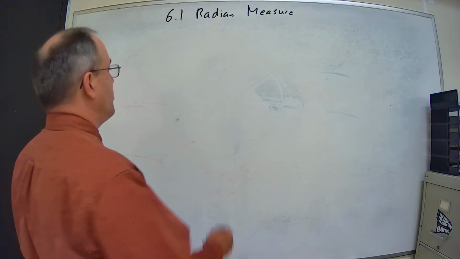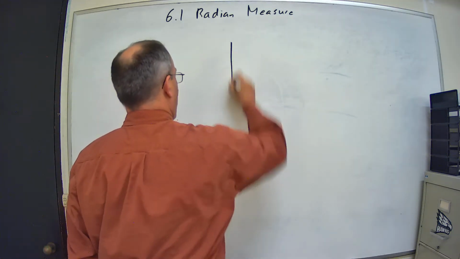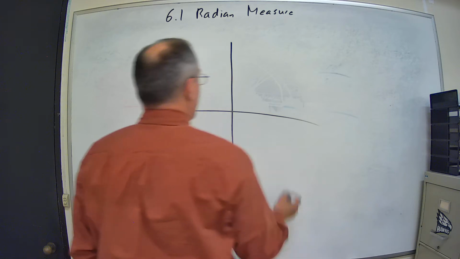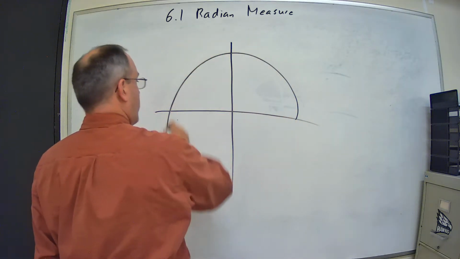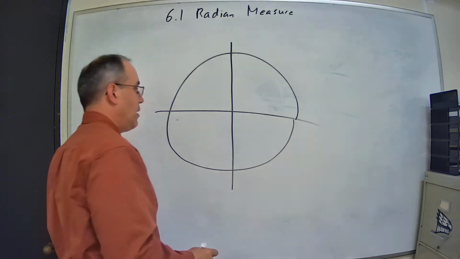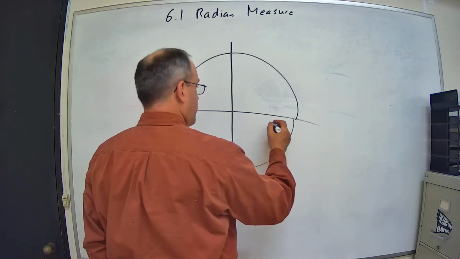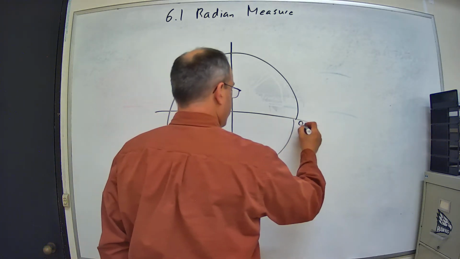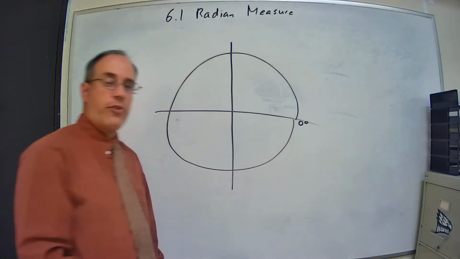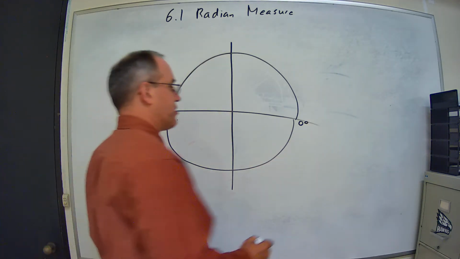So if I'm going to do that, let's start out with a unit circle here. I can start and say, okay, I know the beginning point is 0 degrees. 0 degrees is 0 radians. So that was easy.